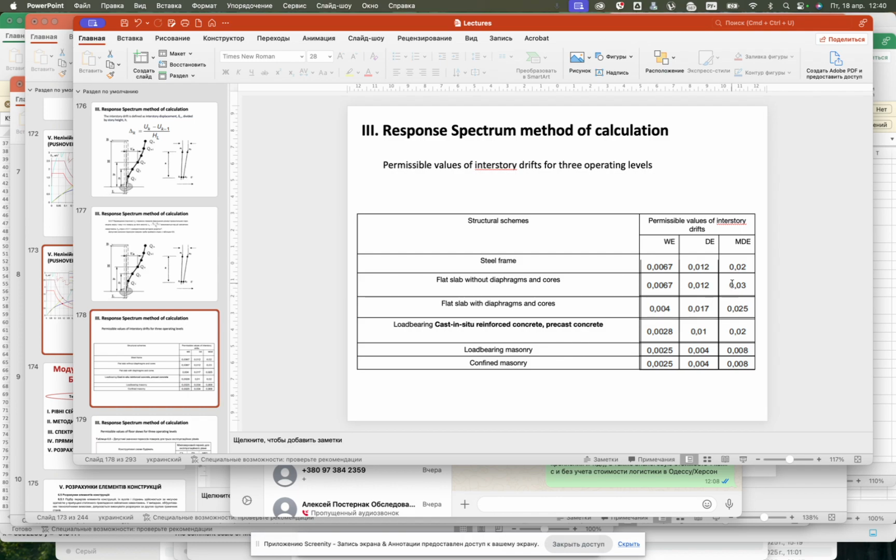So these values, this kind of calculation is called performance-based seismic design.